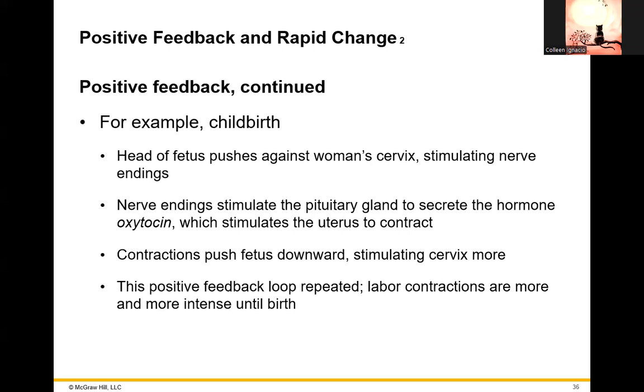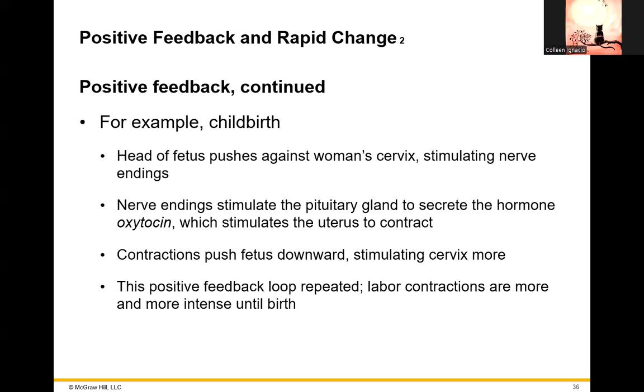Now, some of you maybe even have had children and you were given Pitocin or oxytocin to induce your labor. Absolutely, because the idea is this hormone will stimulate the uterus to contract, and that will hasten the delivery process.